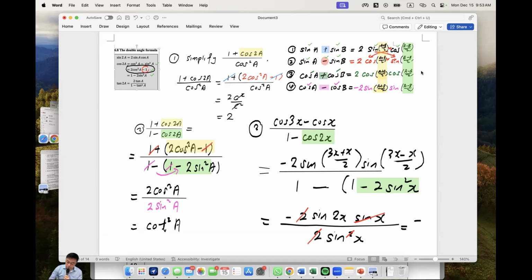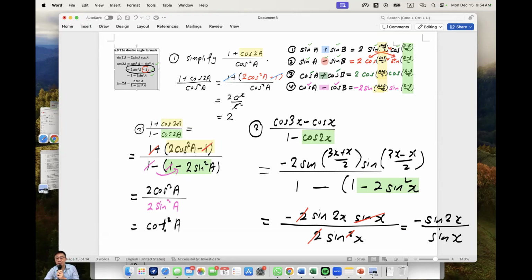Again, sine 2x over sine x. Do you get up to this point? Is this my final answer? No. Why no? Yes, we can reduce further.